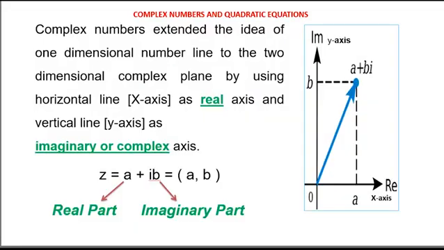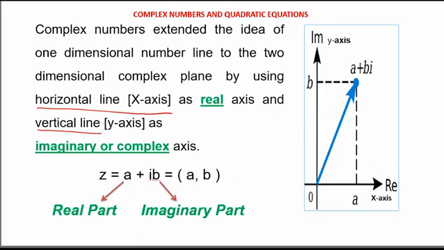Complex numbers extended the idea of the one-dimensional number line to the two-dimensional complex plane by using the horizontal line as the real axis and the vertical line as the imaginary axis. So the horizontal axis is the real part and this is the imaginary part.